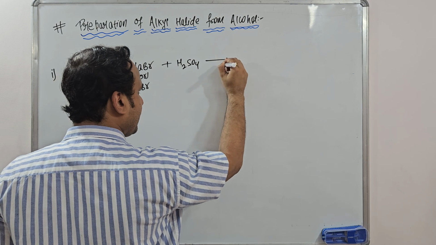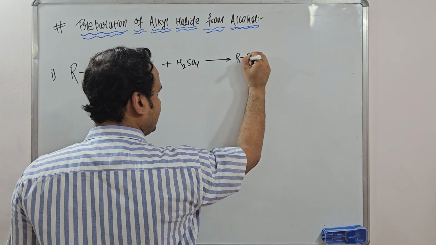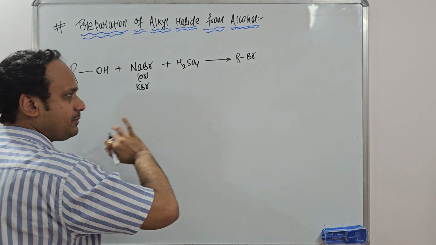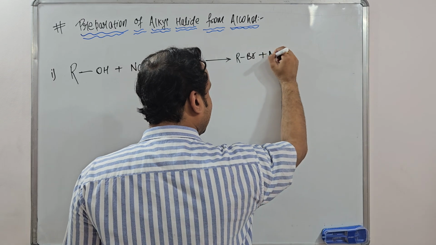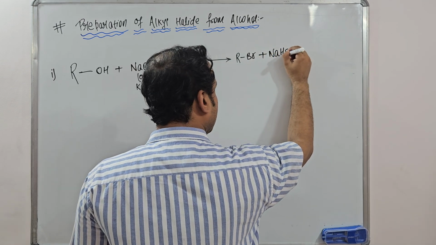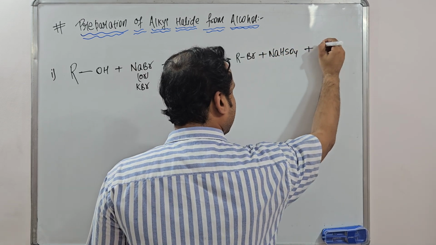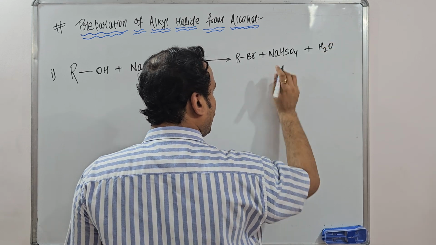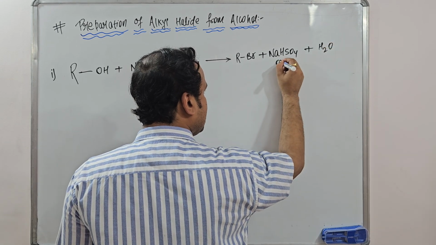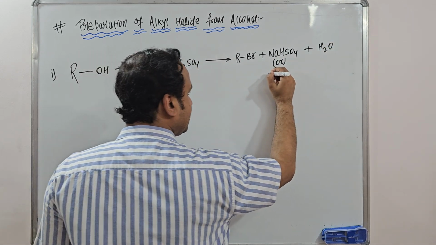So you are going to get RBr, plus NaHSO4 plus H2O. If KBr is there, then you will get KHSO4.